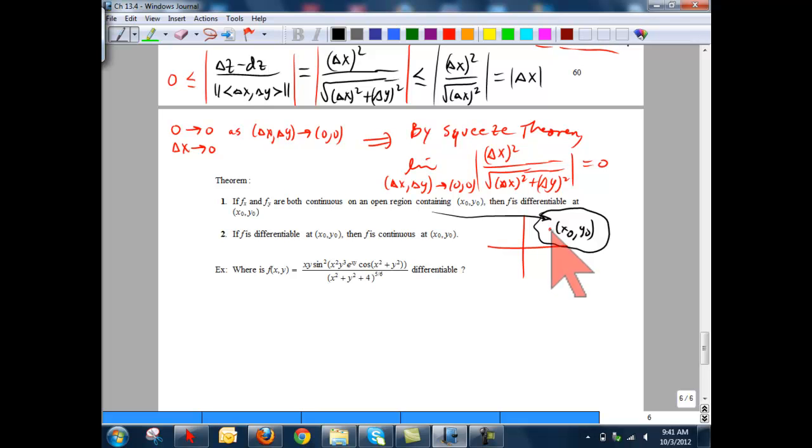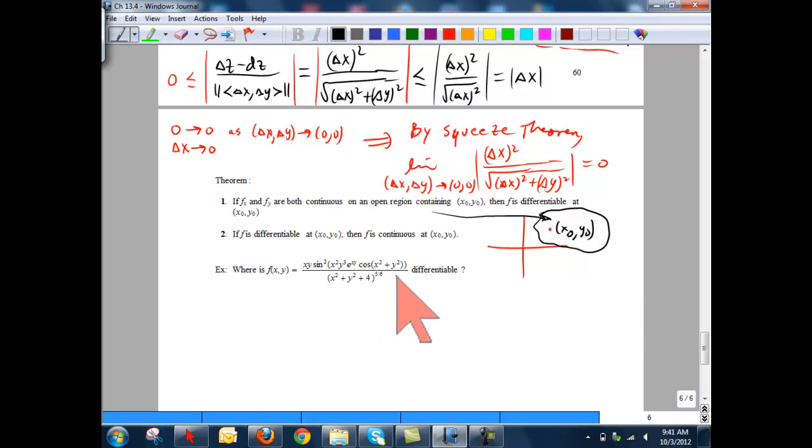And that usually is an easier way to show things than working with the definition above. Here's another important thing. If a function is differentiable at a point, then it is continuous at that point. And differentiable now means, again, as we've just been discussing.